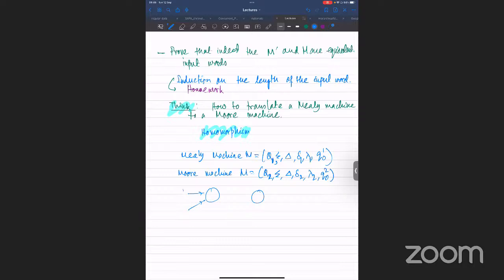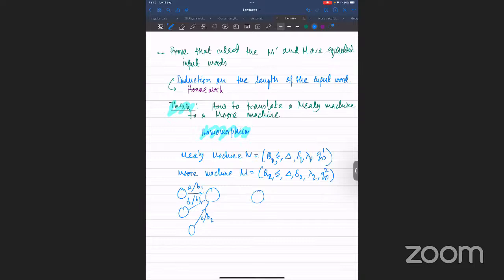Now it can happen, suppose you have something like this, and there is something like this, and you have an output. Suppose the input is A, the output is of the form, let's say B1, and you have an input D, the output is B1. Here you may have an input C, the output may be B2, and so on.